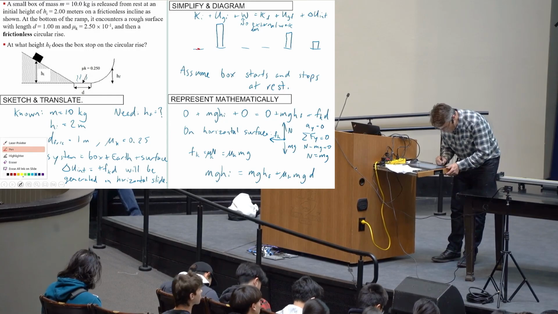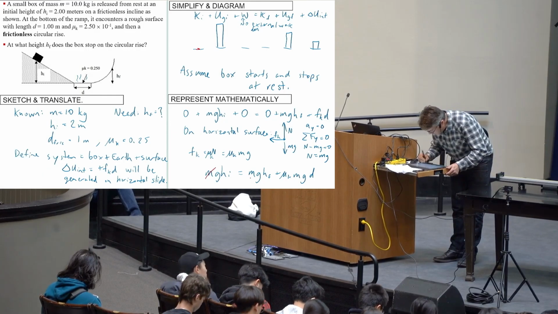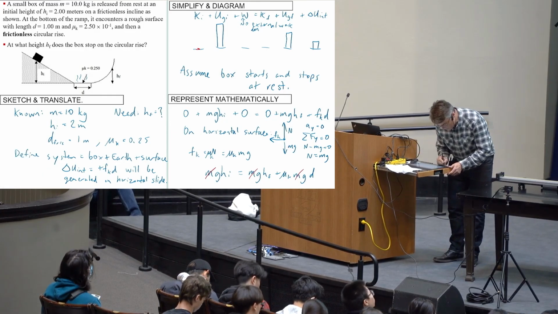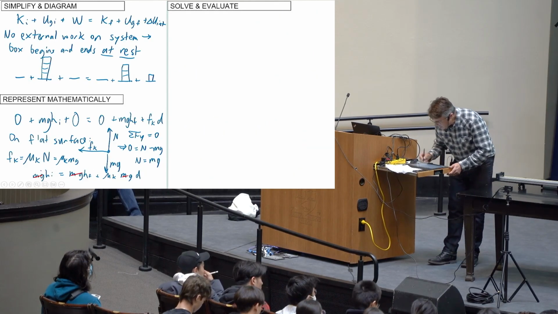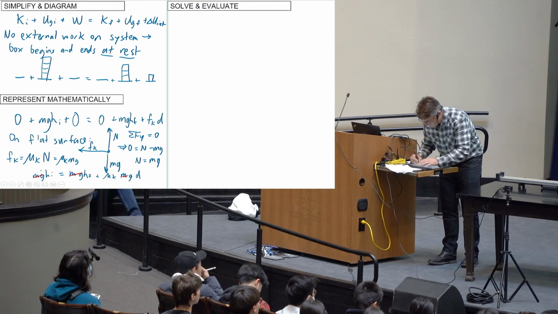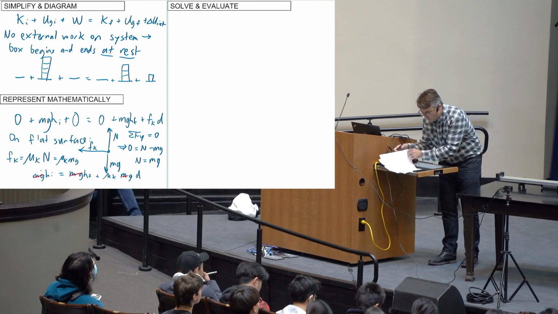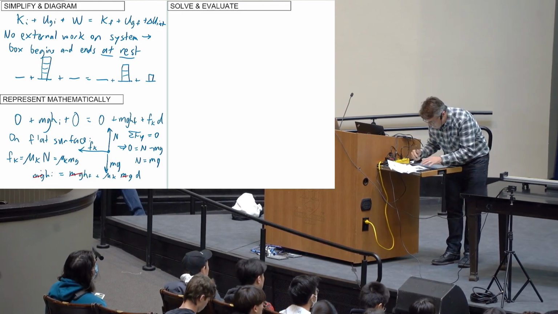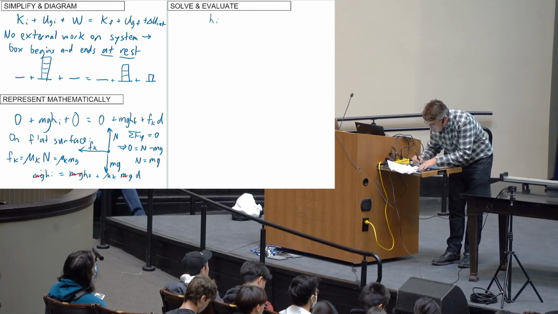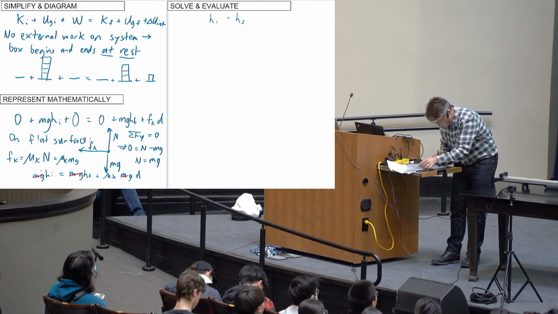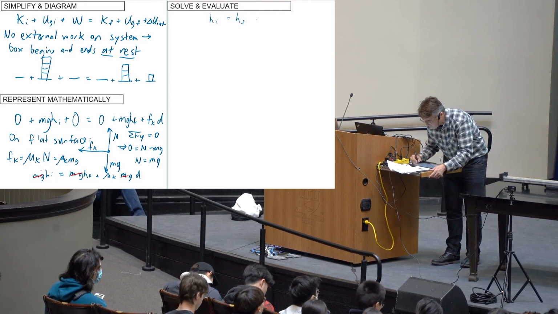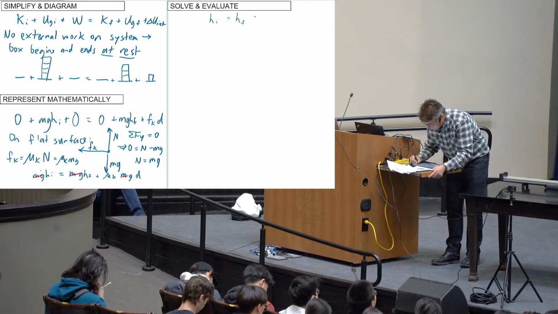Now we'll divide all the terms by m. Turns out the mass of the box doesn't matter, which is good. I'm going to cross out the g's as well, dividing both sides by g and m.